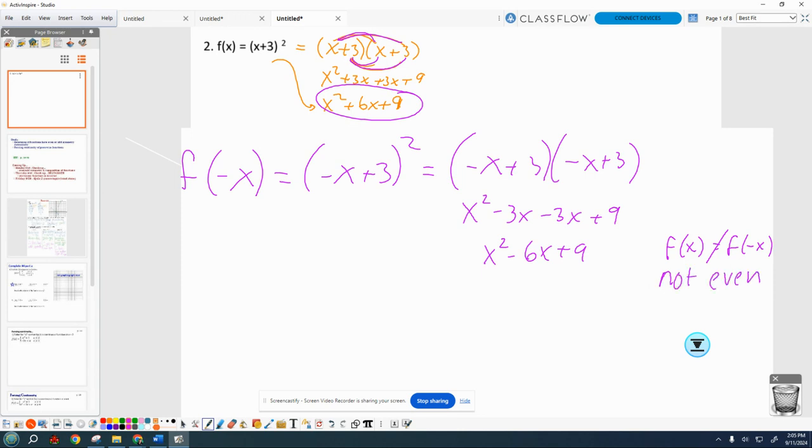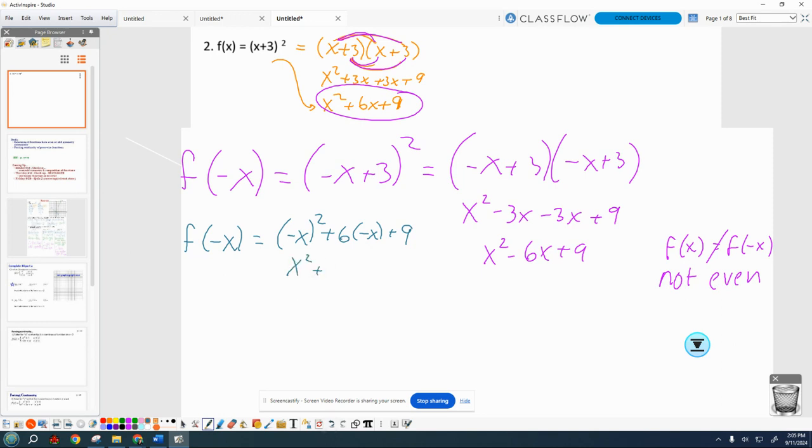Oh, wait, so you can't just expand it and then do that? Because what I did is I expanded it first, then I did the negative x. Because that switches the equation completely. It doesn't, but I think what you're saying is you did this with the expanded thing, negative x times negative x is positive x squared.